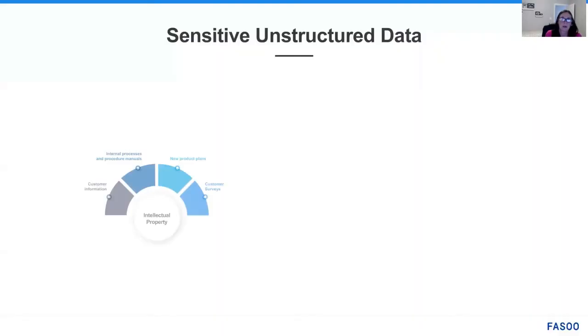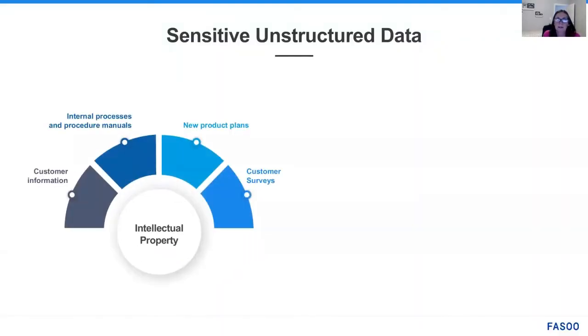So first I wanted to talk a little bit about what sensitive unstructured data is. It's intellectual property. It could be anything from customer information to customer surveys to internal processes and procedure manuals, or it could be new product plans or new product designs.